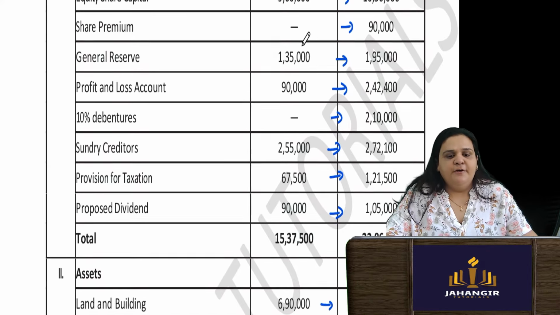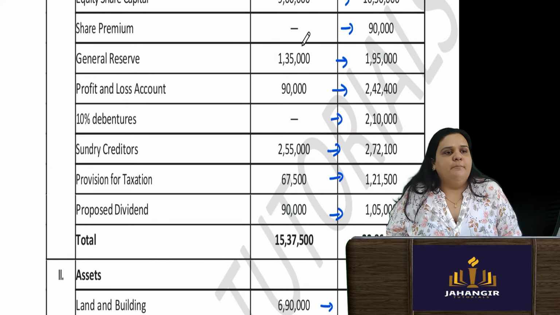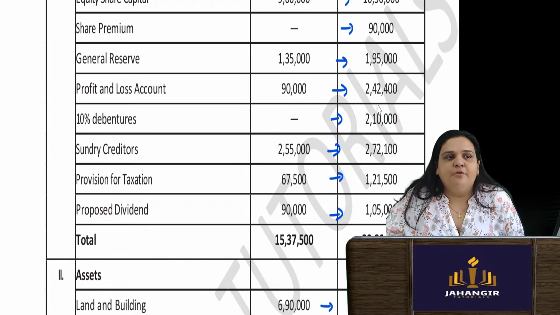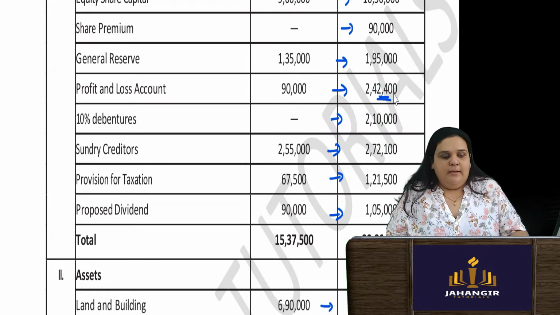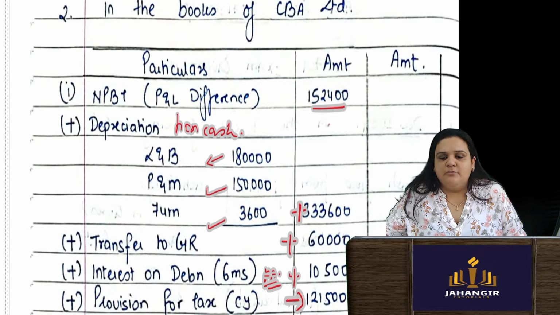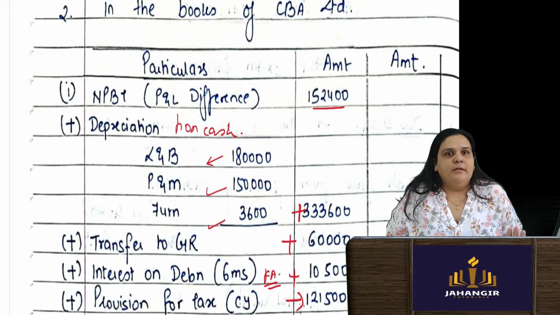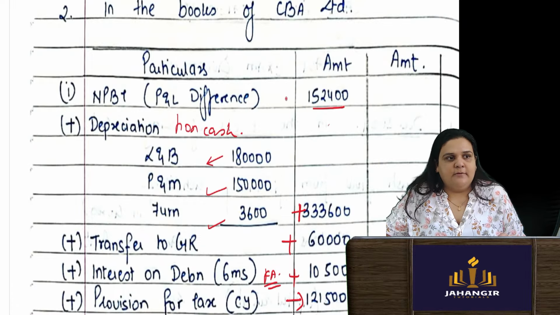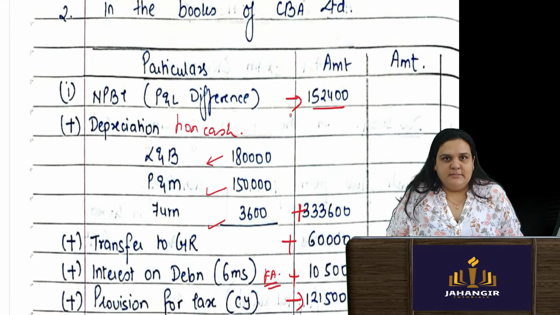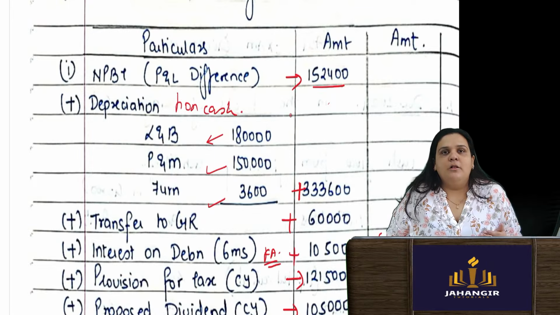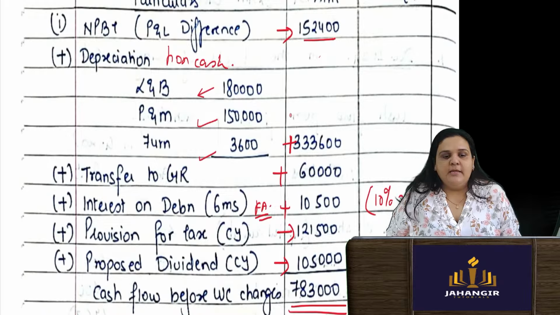You see the profit and loss account from 90,000 has become 2,42,400. I subtract 90,000 from 2,42,400 and I am going to get 1,52,400. Net profit before tax, the P&L difference, I have just taken. Okay. Now I'm going to do the adjustments. Add back all the expenses which are not supposed to be taken for operation.